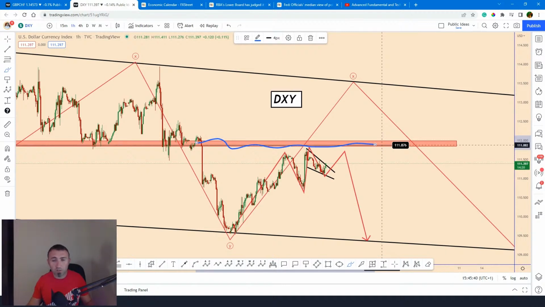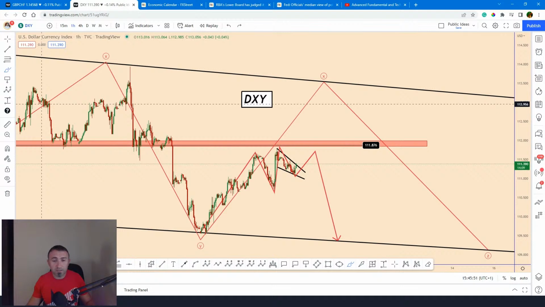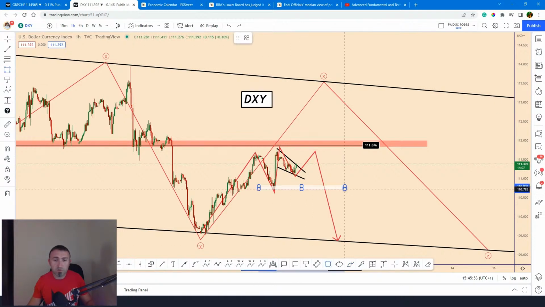Let's say also as an idea, we need to be careful. These are only analyses. We don't have any bearish movement at all. Let's say that we can have bearish movement only if price is going to break down from this point, because this is part of a major zone here.